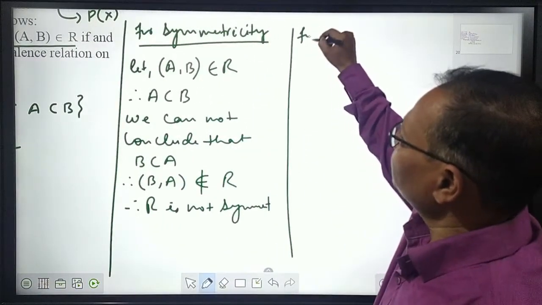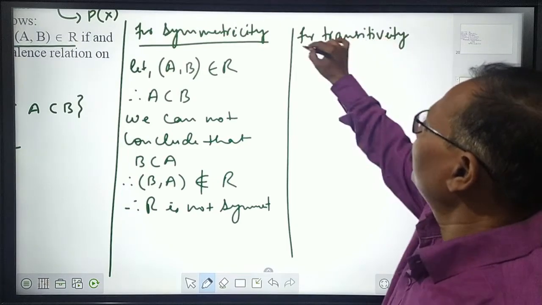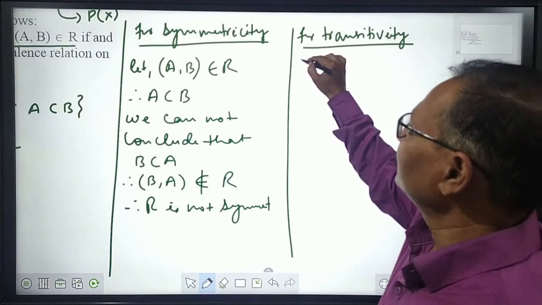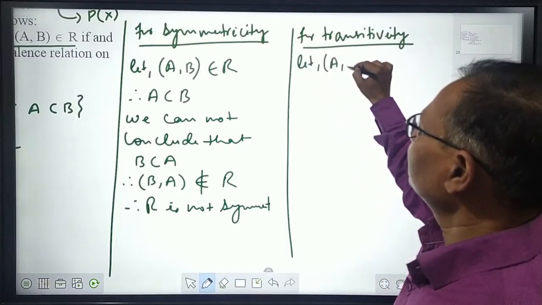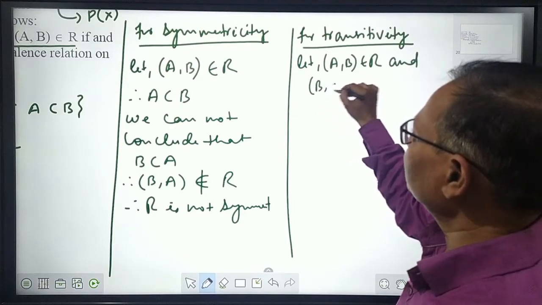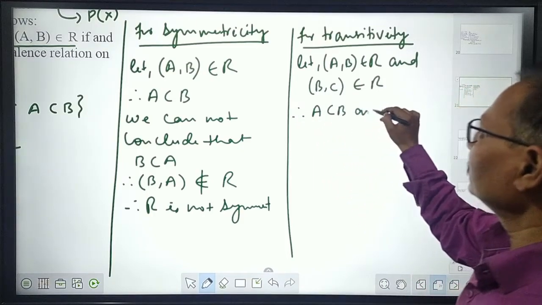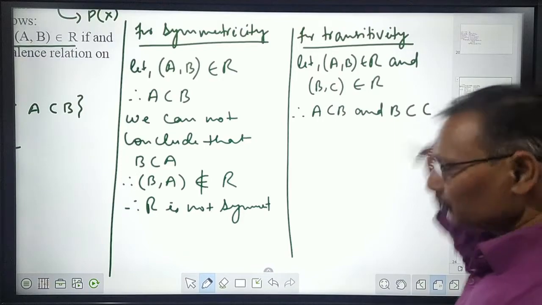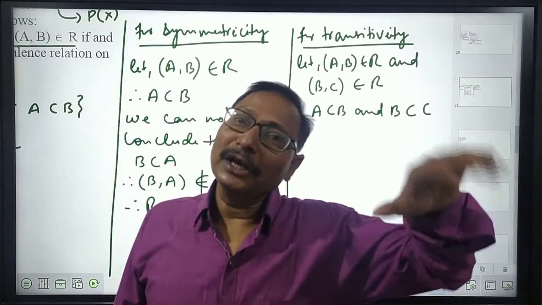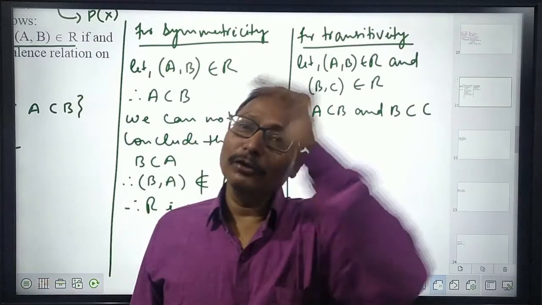So for transitivity, take two pairs from the given relation. Take A comma B belongs to R as well as B comma C belongs to R. Then it means that A is a subset of B and this B is a subset of C. Now tell me, if all the elements of A are in B and all the elements of B are in C, then can we say all the elements of A are also in C?